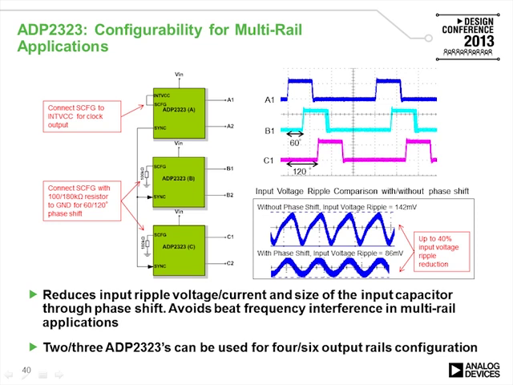And we can see what happens when we don't: things can end up beating against each other, maximizing the input ripple and maximizing the number of capacitors you'd have to add on the input to get the same voltage ripple.